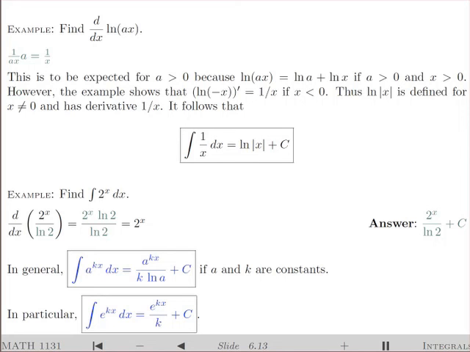But in a lot of applications, we get e to the power constant times the variable so often, it's worthwhile to formulate this general rule. So in my notes, I will use this formula rather than the special formula on the method of substitution.